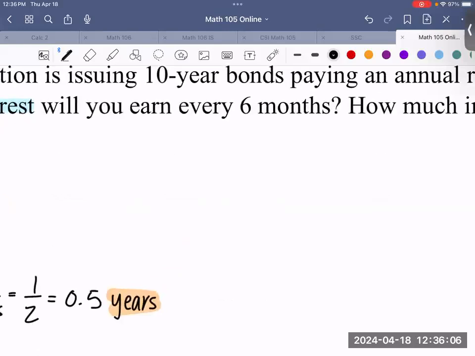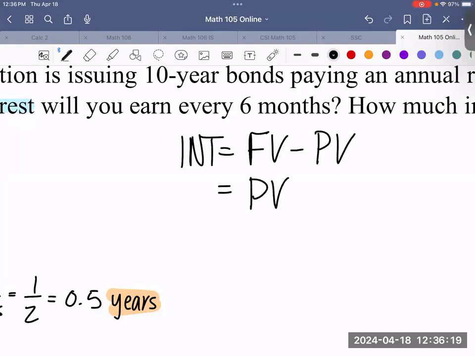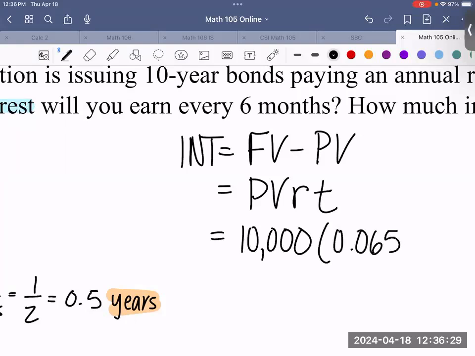Instead, unless you wanted to use the other equation, right? If you found that, you could do future value minus your present value, or we could say it's your present value times your rate times your time. Now that one might be a little bit better to go because it's just requiring a lot less work from us, but play to your strengths.